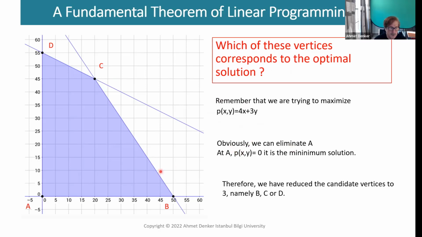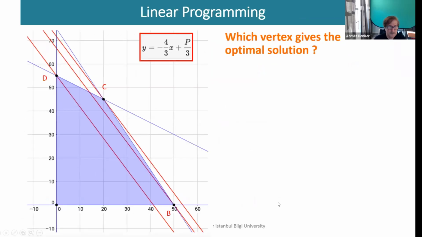Obviously, we can eliminate A because at this point, it is 0, because X and Y are all 0, and this is 0. So we have got 3 candidates, B, C, or D. Which vertex gives the optimal solution?